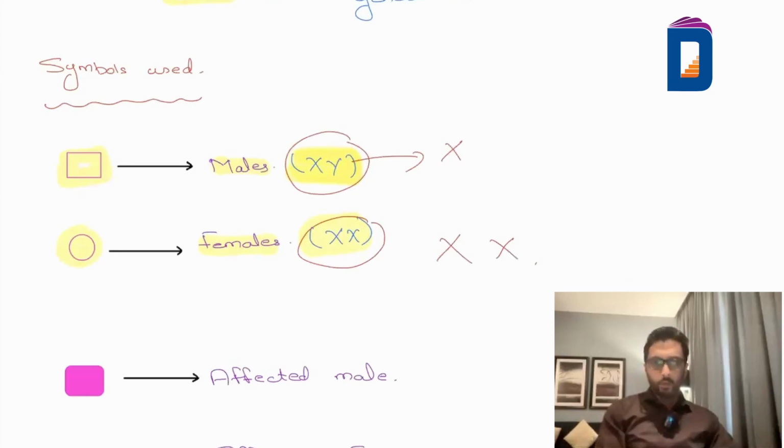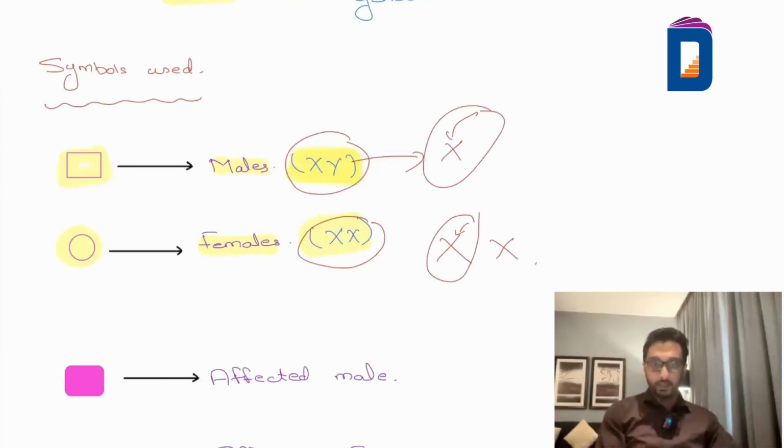Now, what we're going to study here is that if you have a dominant trait, as males have only one X chromosome, if something is dominant over this X chromosome, it's going to get manifested. In females also, when it is dominant, it's going to get manifested, because the character is dominating.